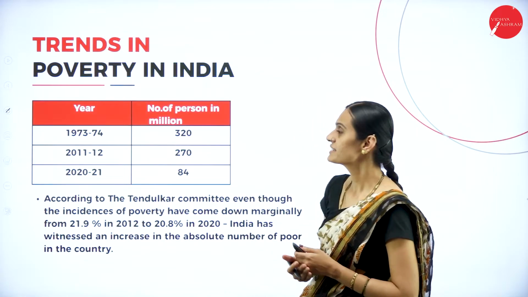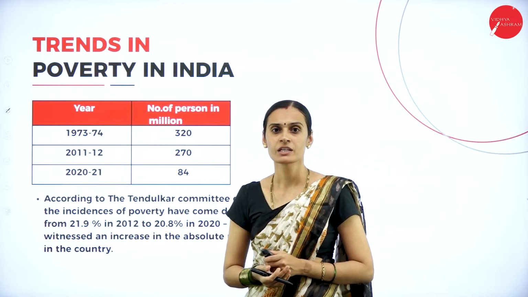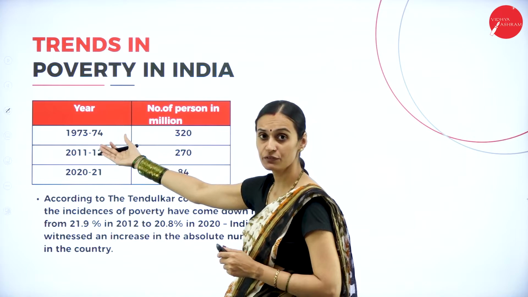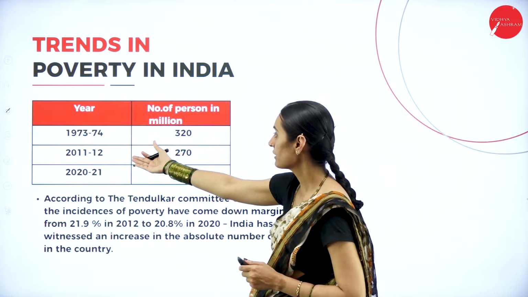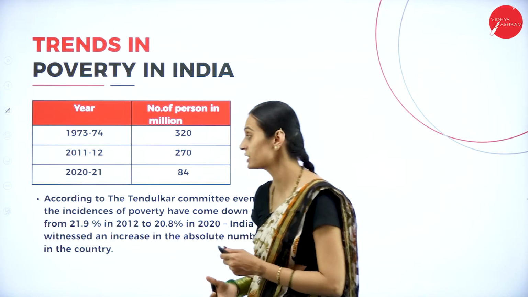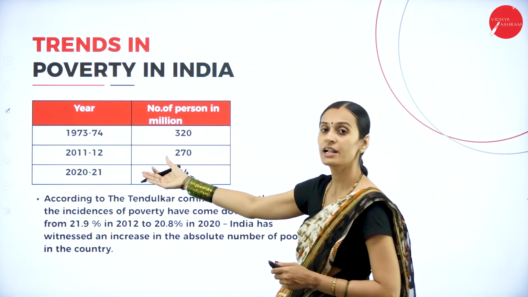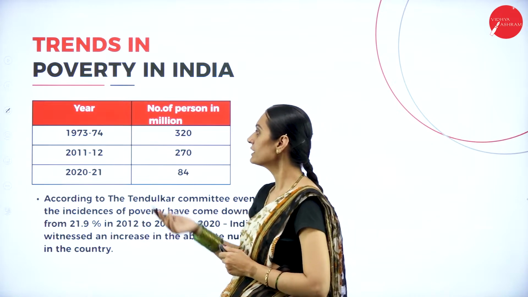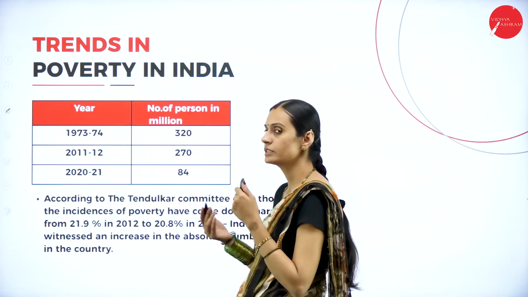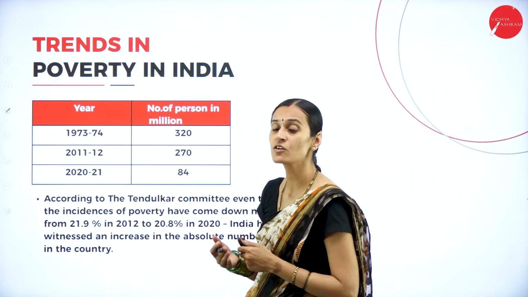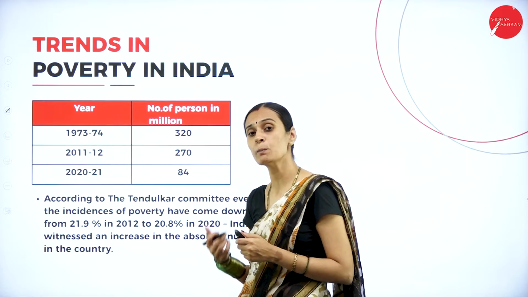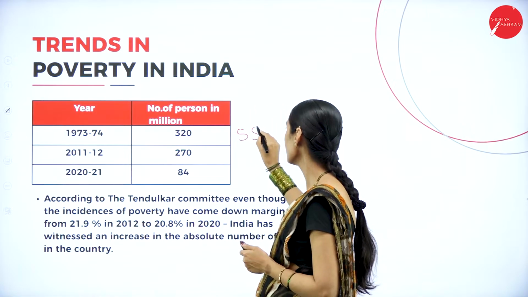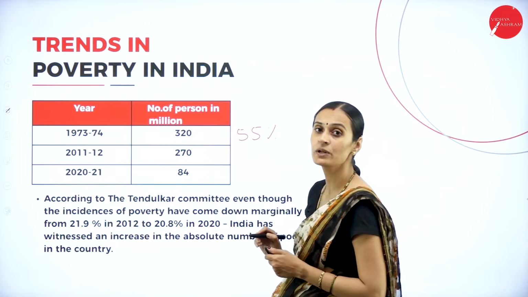Yes, trends in poverty in India. Here I am taking the first data of 1973-74 and 2011-12, and the next one, the fresh data of 2020-21. Let us discuss this. In 1973-74, there were 320 million people below the poverty line, which is about 55% of the total population.